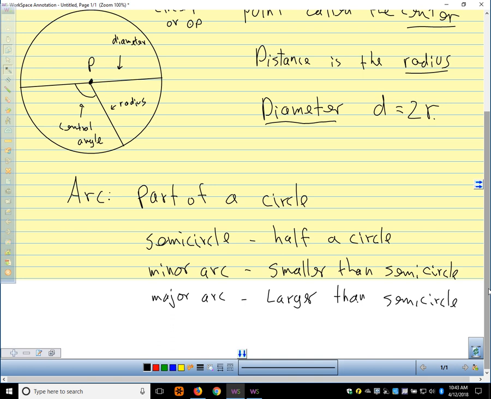So I want to draw a picture, and we'll talk about how we name arcs. So we're good with this stuff: semicircles, half a circle; minor arc, smaller than half a circle; major arc, bigger than half a circle.